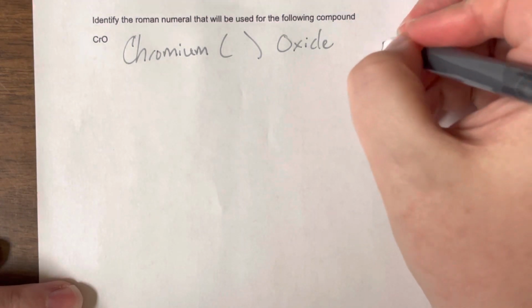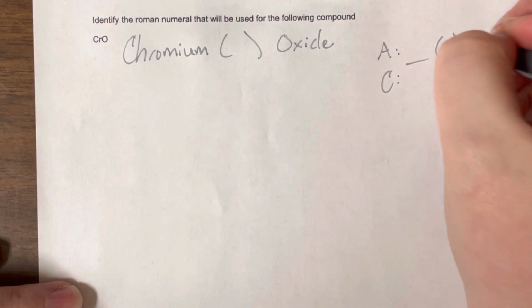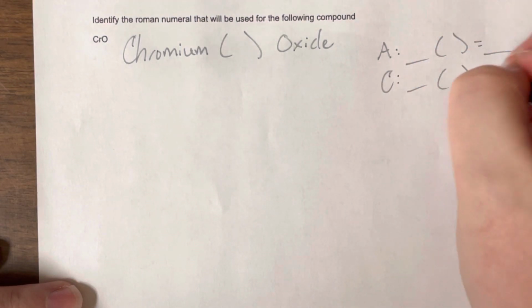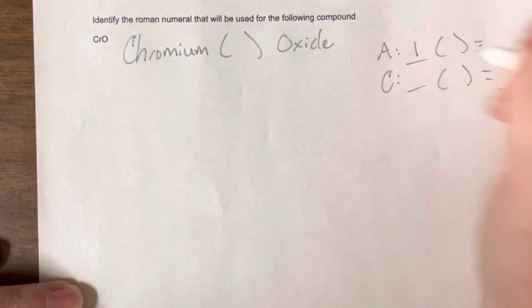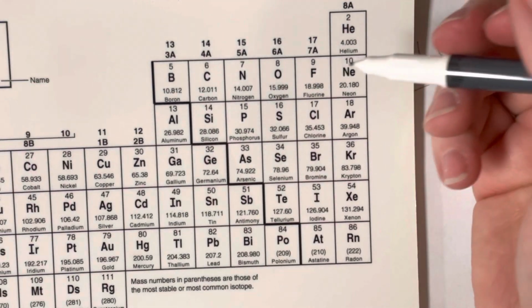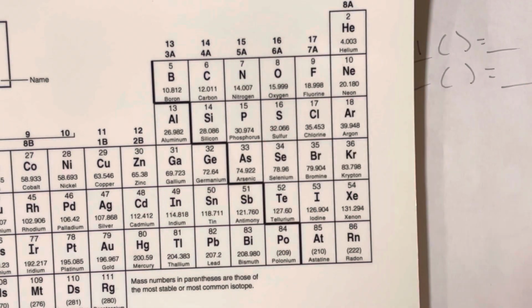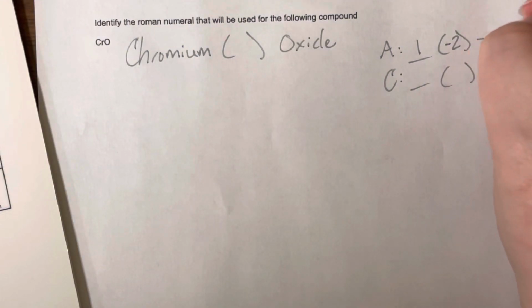Now I need to do my anion versus cation math. My anion is oxygen. Its subscript is 1. Oxygen is in column 6, which means it has 6 valence electrons, so it has 6, but it wants 8, so it's going to steal 2 electrons. 1 times -2 is -2.